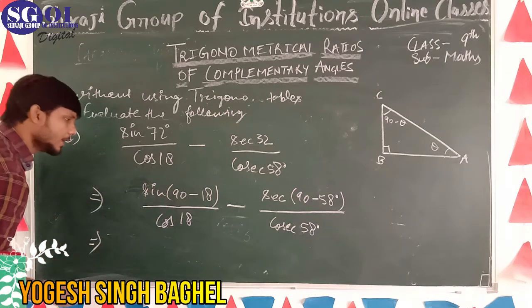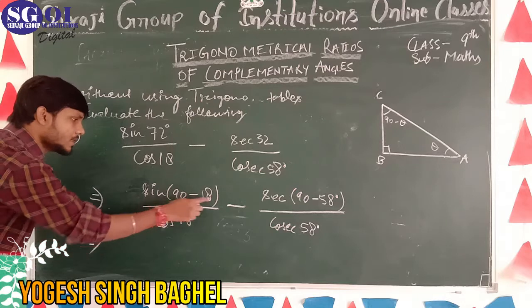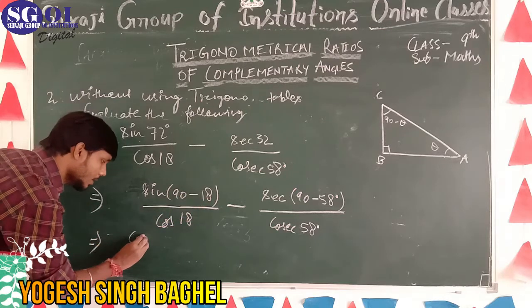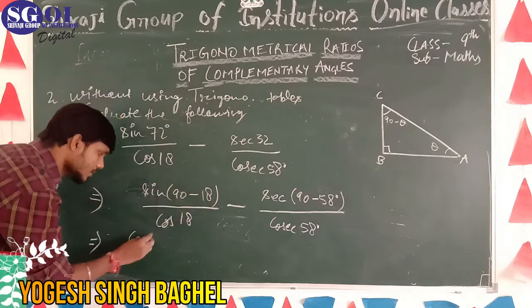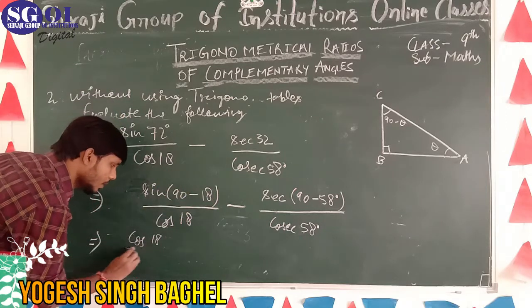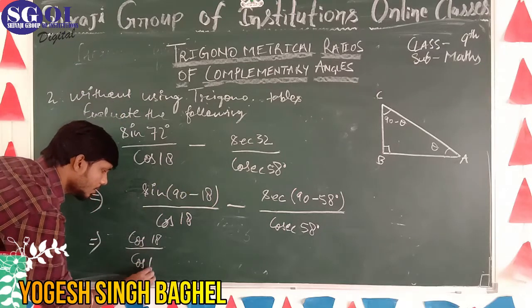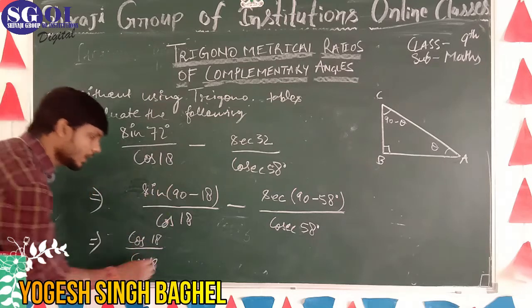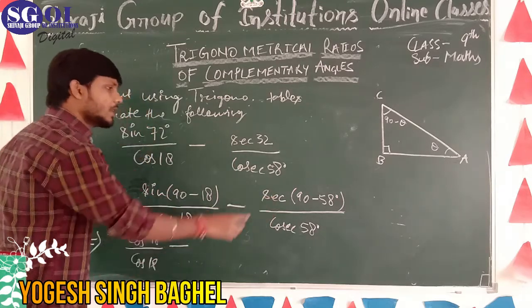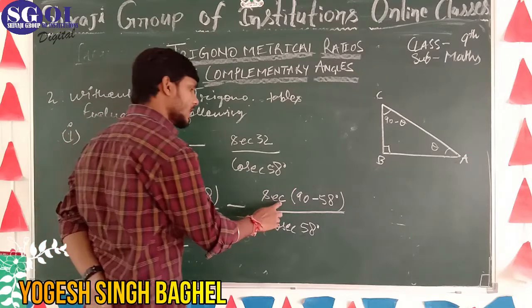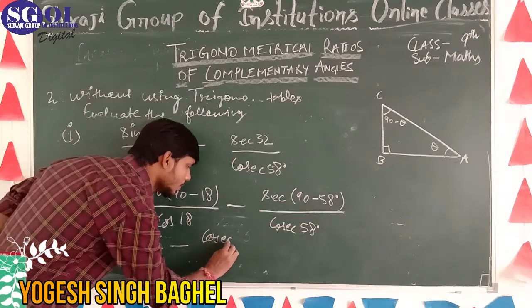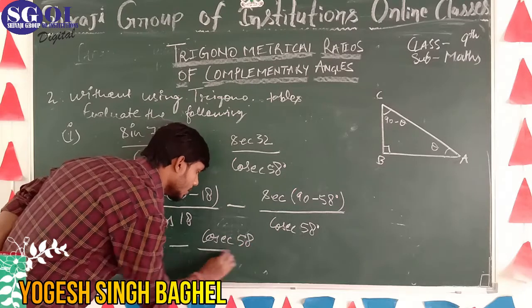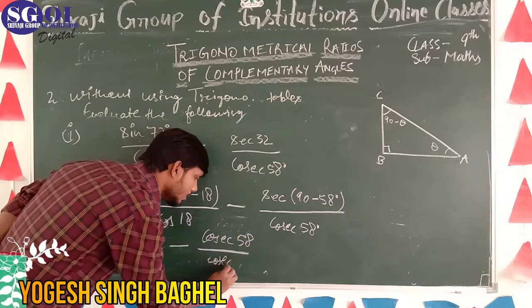Sin 90 minus 18, sin 90 minus theta is cos theta, so here theta is 18 degree, so cos 18 upon cos 18, and the denominator already has cos 18. Minus sec 90 minus 58 degree, sec 90 minus theta is cosec theta, so it becomes cosec 58 upon cosec 58.